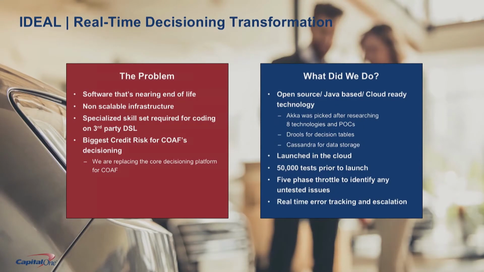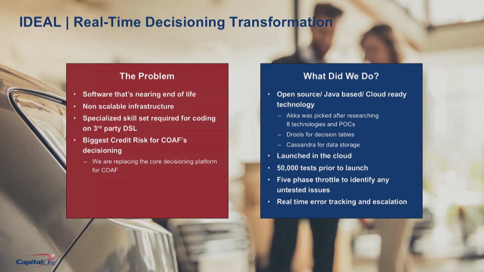So our problem, right? We were on a third-party based decisioning system. So this was really open heart surgery for the business. This system did everything about decisioning, segmentation of customers, and basically all of the automated things that we do to give people a loan.